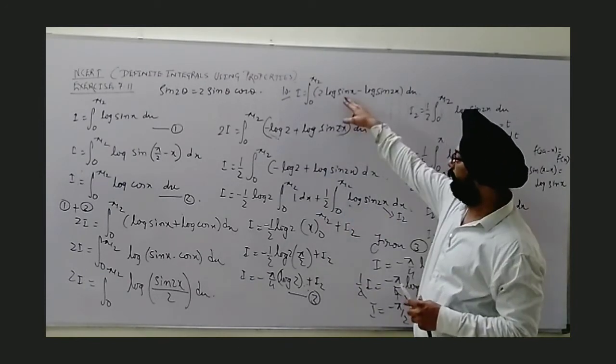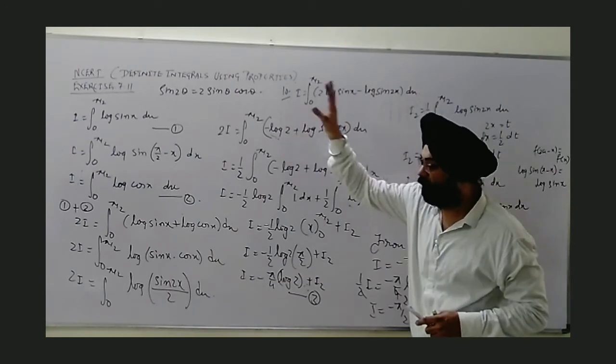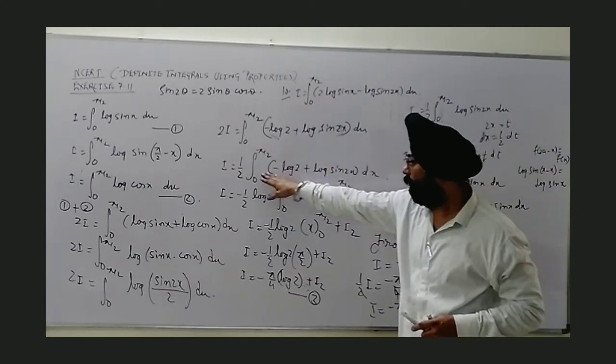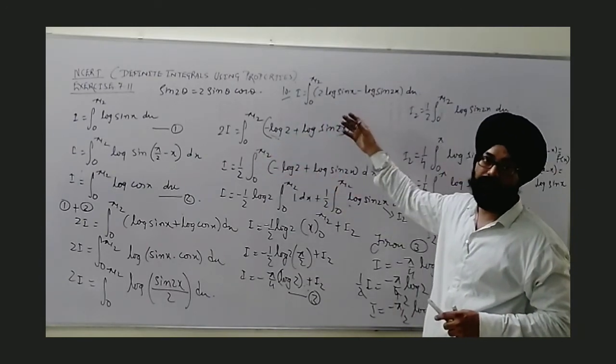If we expand this log sin x, we show that the integral 0 to pi by 2 log sin x is equal to these two terms. Now how can we use them? Let's see.